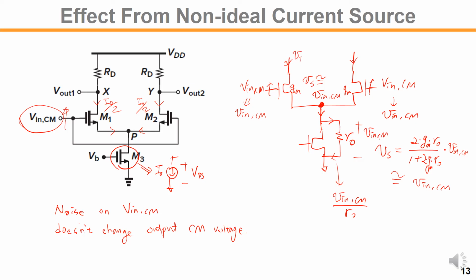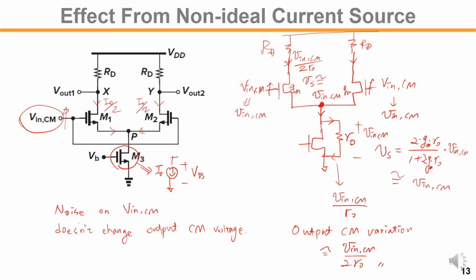So V_in,CM over 2RO will flow equally, and such variation will go through the load resistor. So output CM variation would be 2RO V_in,CM.